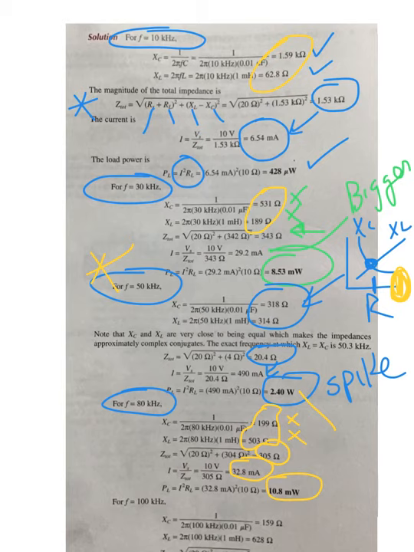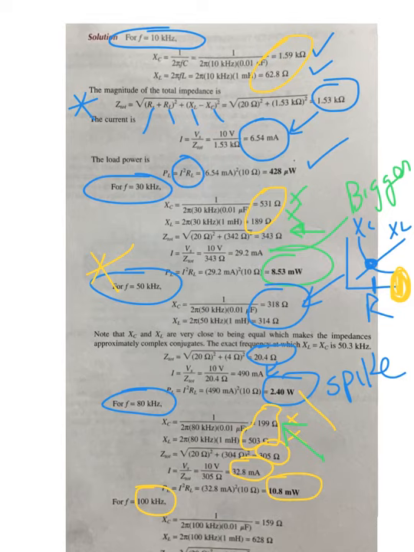Okay. Again, at 100 kilohertz, things degrade even further than what we've seen, shrinking the power as shown on the screen. To the right, you see X sub L here is bigger than X sub C.